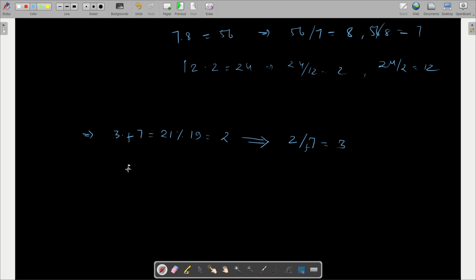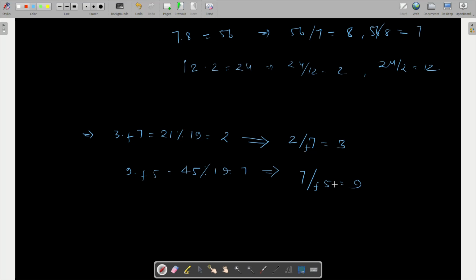And for 9 dot f5, let's take another example, 45 mod 19 is equivalent to 7, and it would imply that 7 divided by f5 should give me 9.